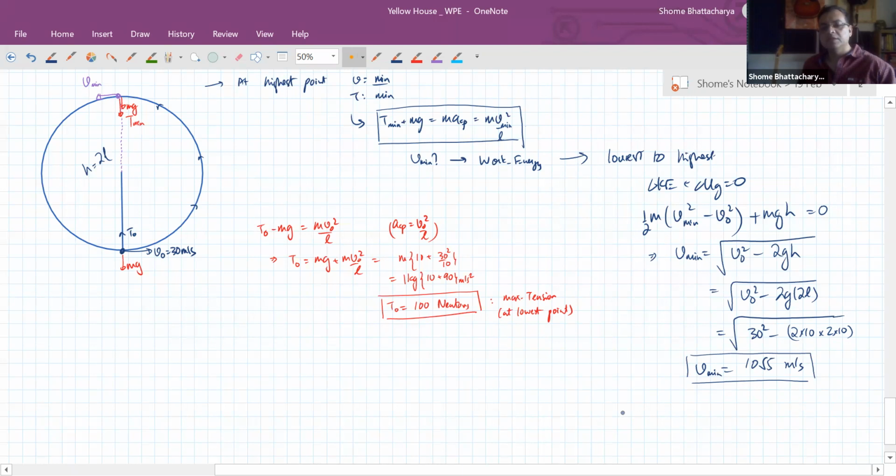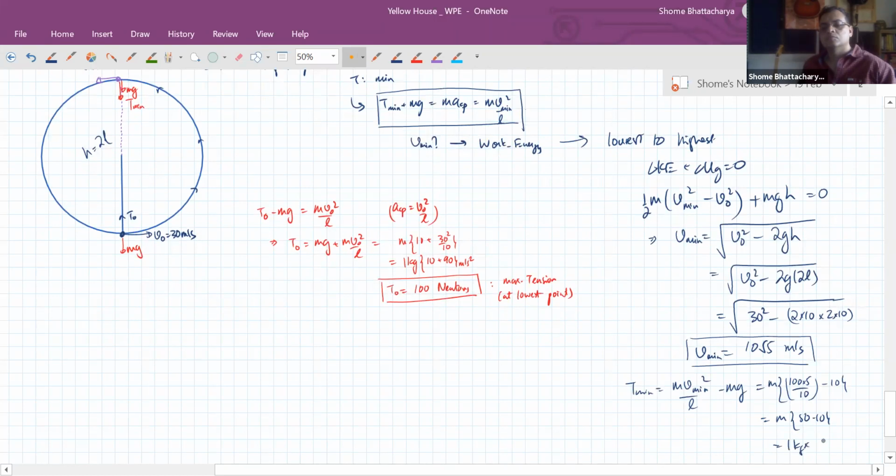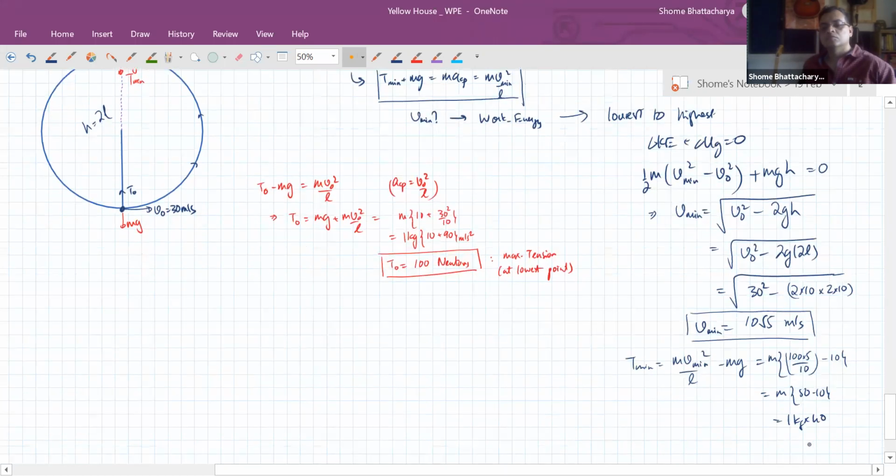From this now we will get the minimum tension at the top. So it will be 40 newtons. This will be the minimum tension at the topmost point.